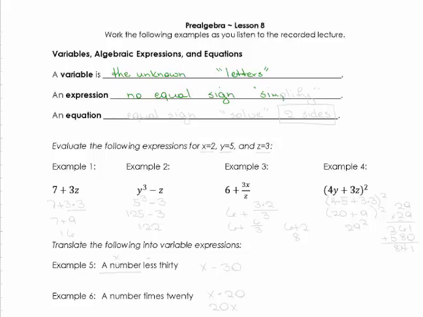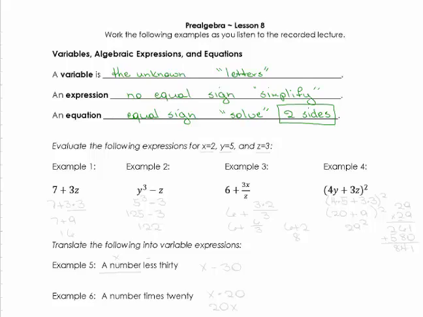They'll tell us to simplify to get the answer to an expression, and an equation does have an equal sign, and our directions are going to say solve. So the nice thing to know also about the equation is, since it has an equal sign, it also has two sides, and that's going to be very important later on. The two sides to an equation allow us to do special things to the equation that we cannot do if we only have an expression.